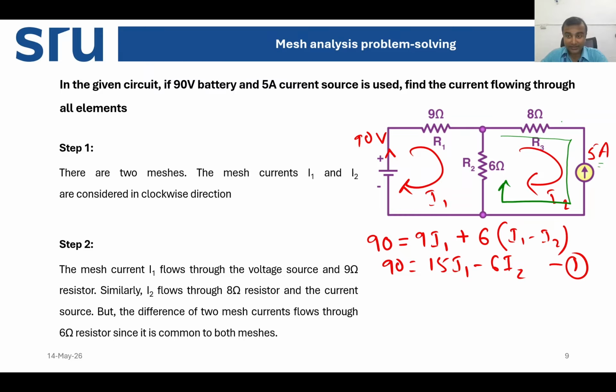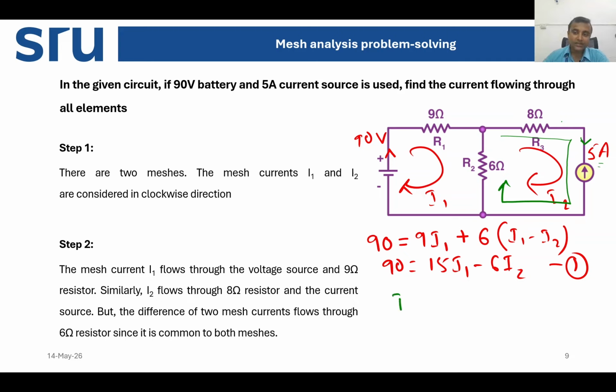This second loop has a current source of 5 ampere and I2 is considered clockwise. The current we are considering is going in this direction, but the current of this current source is going from down to top, so immediately you can say that I2 is opposite to the current source. Just give me 30 seconds. We have considered the current in this loop as I2, but this loop already has a current source going from down to top.